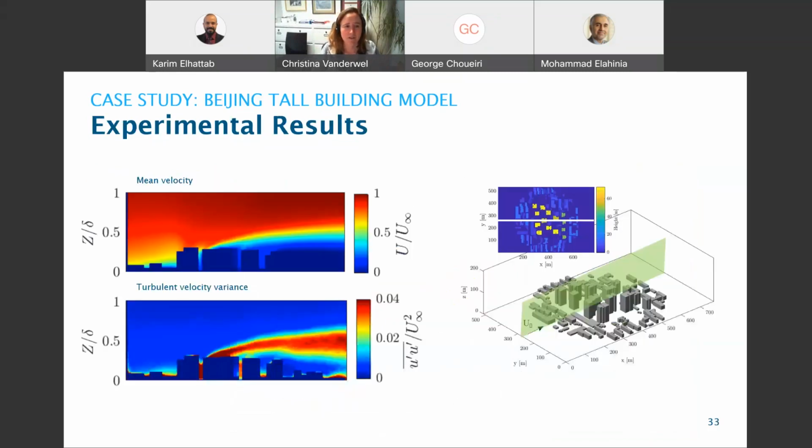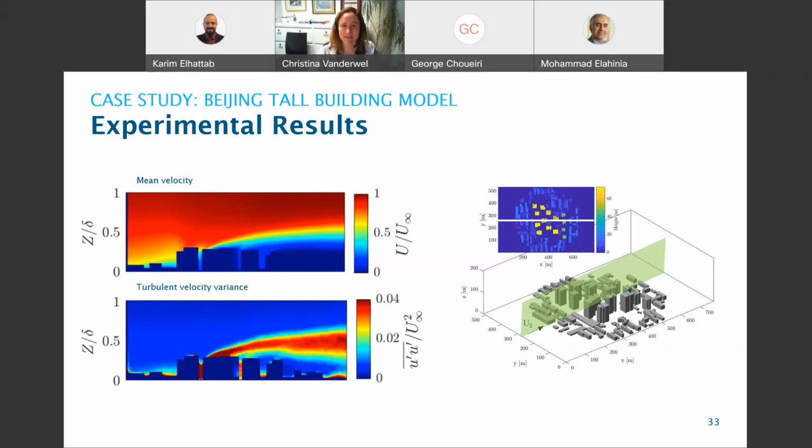So these are the PIV measurements in the center plane of this city patch. We have the mean velocity on the top and the turbulent velocity variance of the streamwise component at the bottom. And what we see is the very first building that's in the measurement plane. So this one is a shadow of a building, but this building here is actually inside the measurement plane.